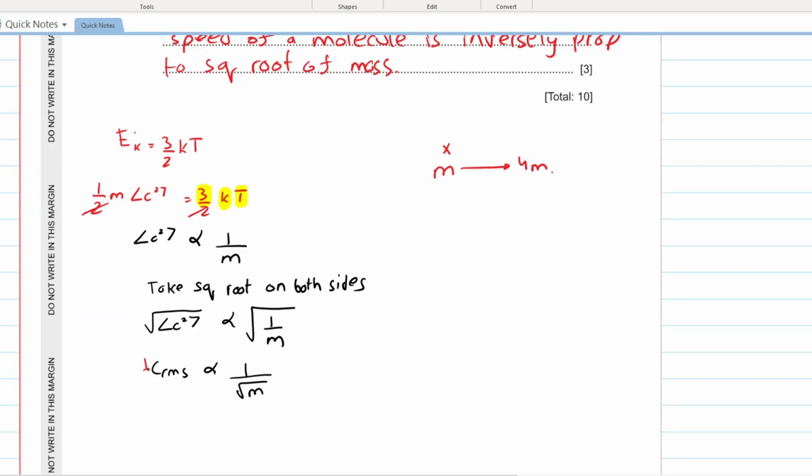CRMS for X will decrease by a factor of what? If your mass increases, your CRMS will decrease, but by what factor? By under root 4. Your velocity will go from CRMS to half CRMS.